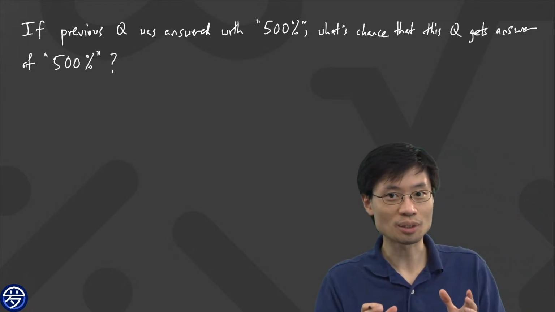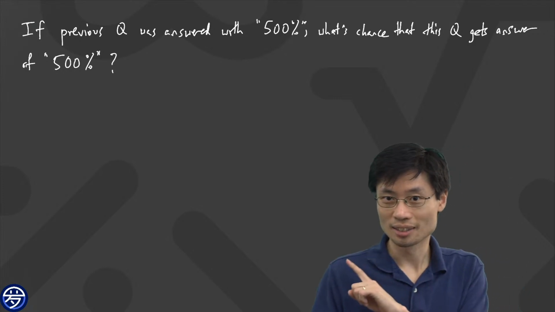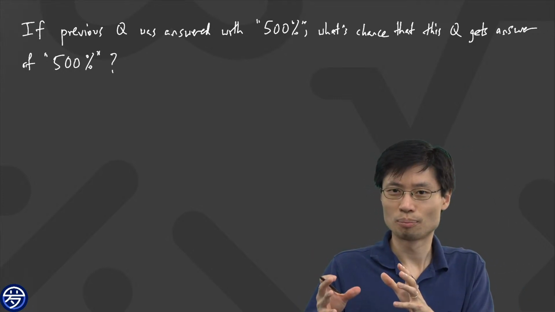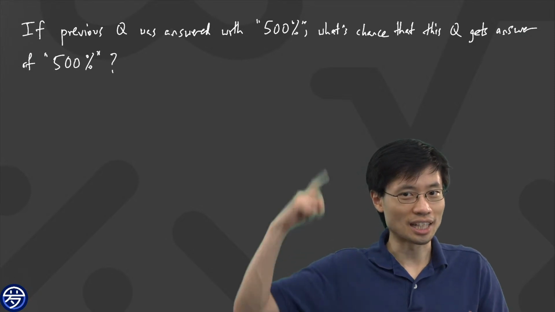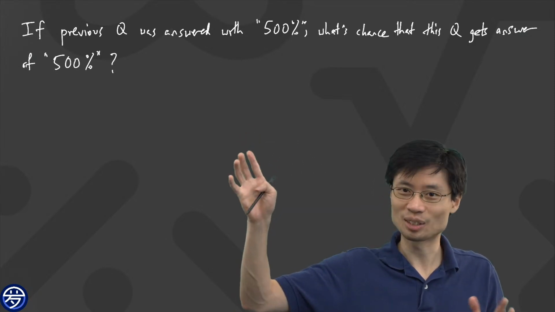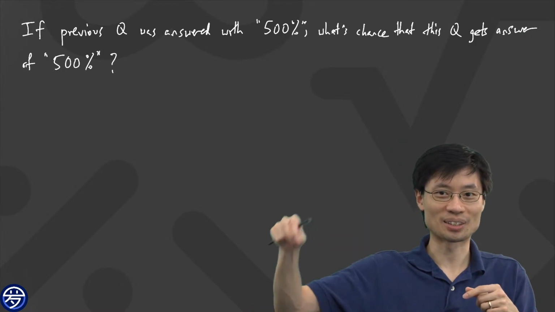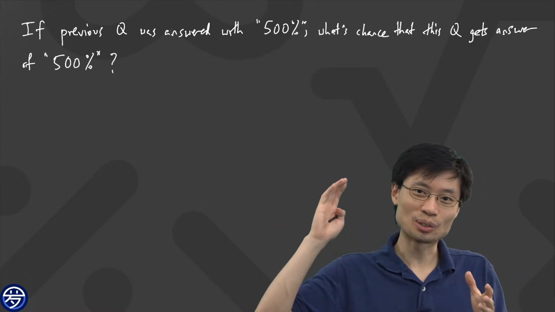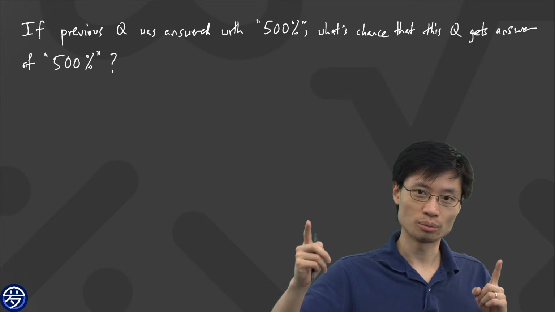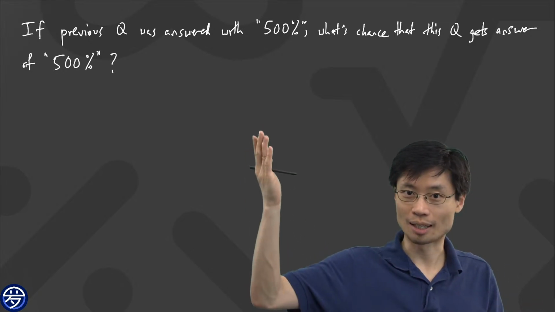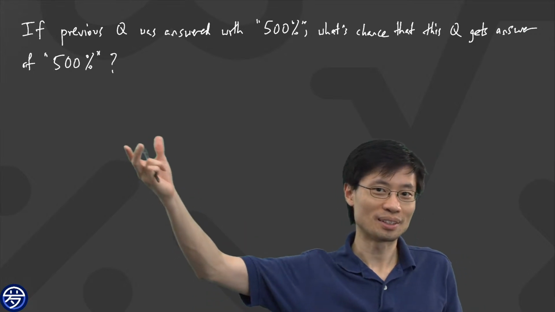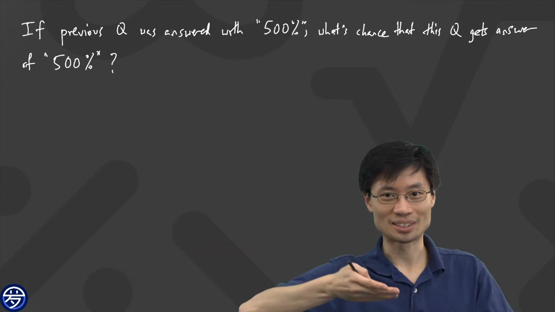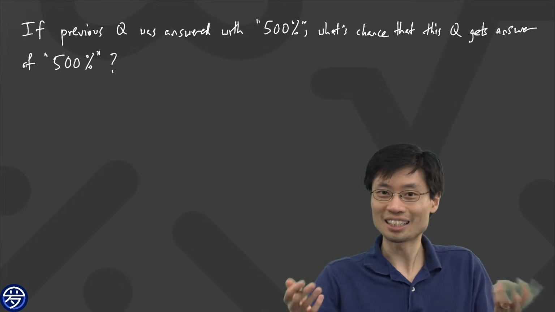So you see, my logic was the answer is not 500%, because if I said the answer was 500%, then the chance is 100%. Do you see what I mean? This is one of these very meta questions. If I told you 500%, it actually happened, and that means it's 100%. And that's not good. There's either going to be an answer or not, so I guess it's 100% or 0%. I'll tell you it's 0%.